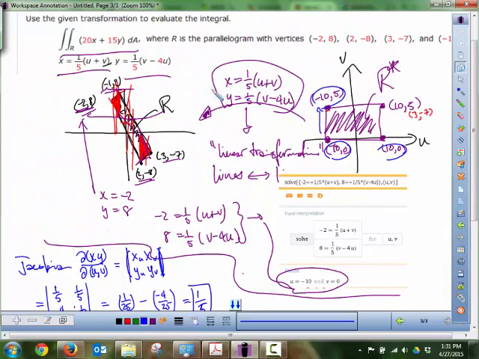Where did this come from? Somebody pulled it out of their hat. The transformation comes from wanting to set, if you have a tilted parallelogram like this, where all the sides are parallel, you can always find a linear transformation to get that parallelogram by just taking 2 points and then making those 2 points go to 0 somehow.